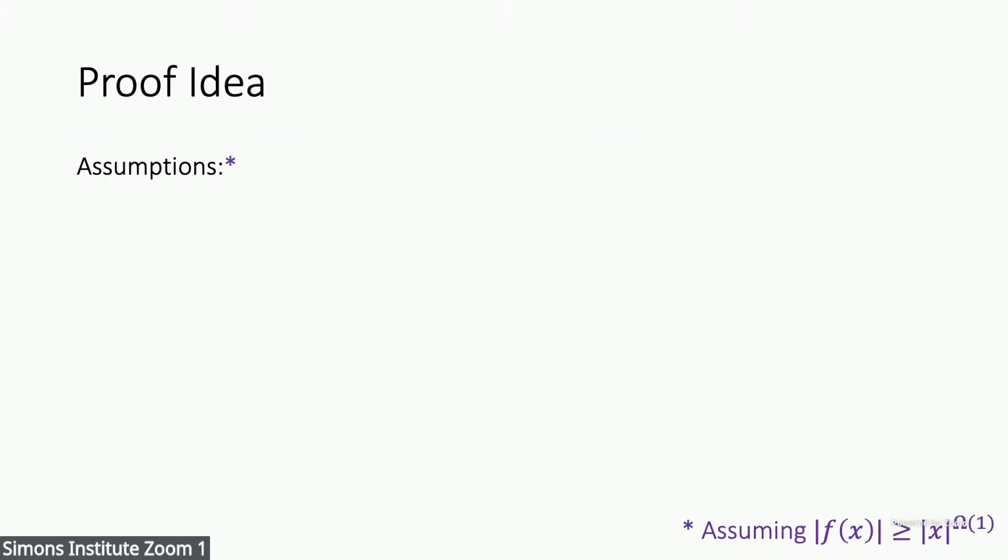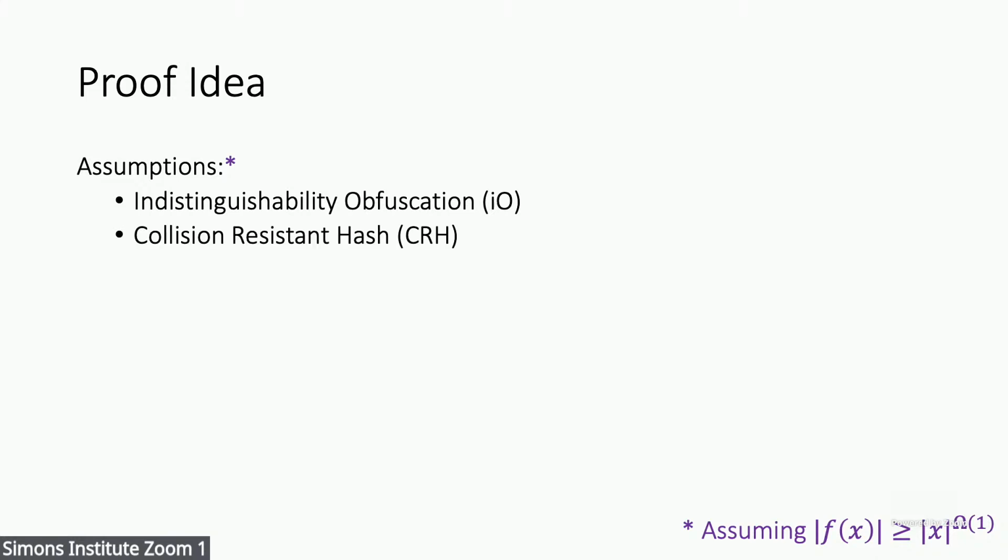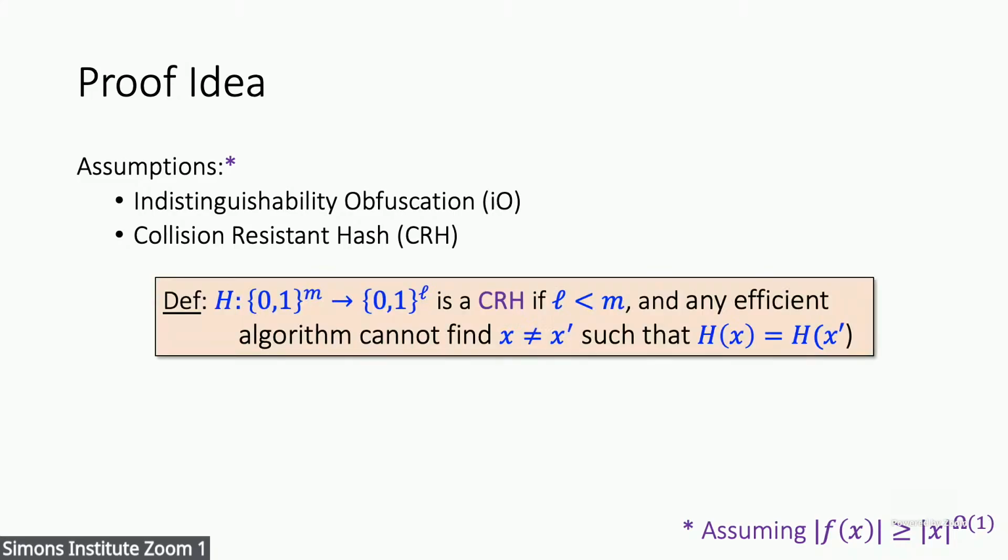Okay, so the idea of the proof: for this talk, I'm going to assume obfuscation, and I'm also going to assume a collision-resistant hash function. For me, a collision-resistant hash function is just a single function which is shrinking, so there are many collisions, but it is hard to find any specific collision.